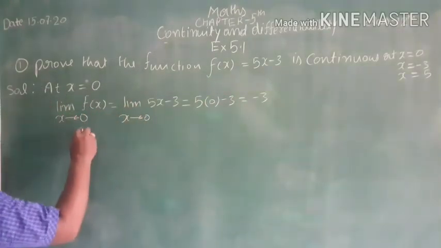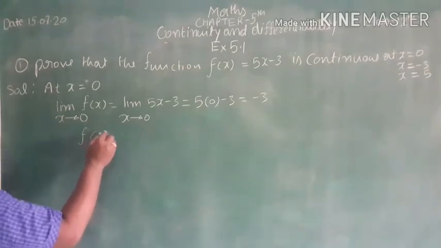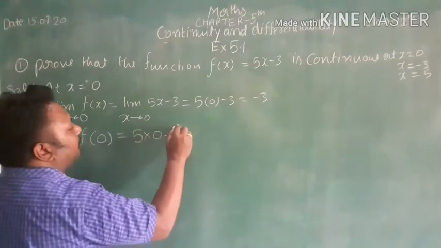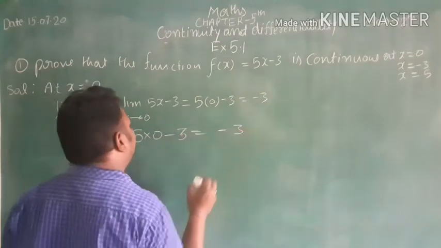Now we find out f(0). The value of f(0) is 5 into 0 minus 3, that is equal to minus 3.